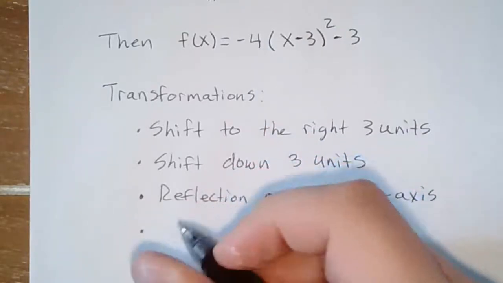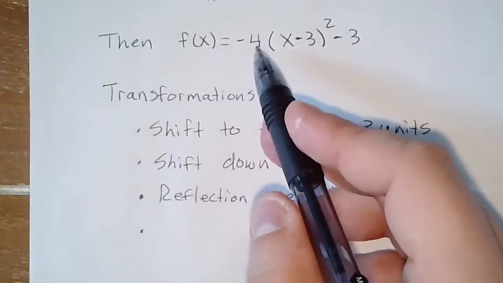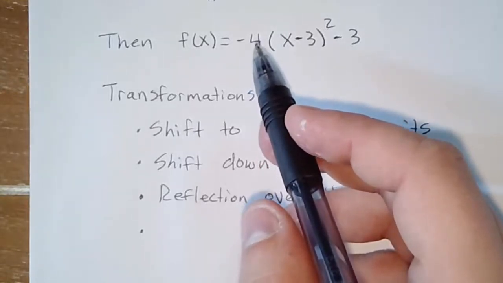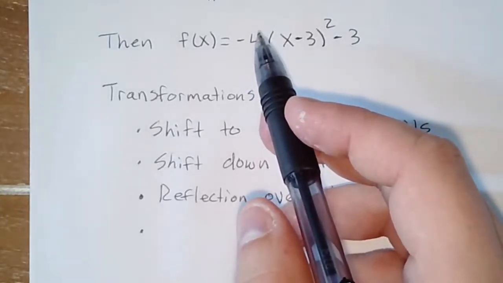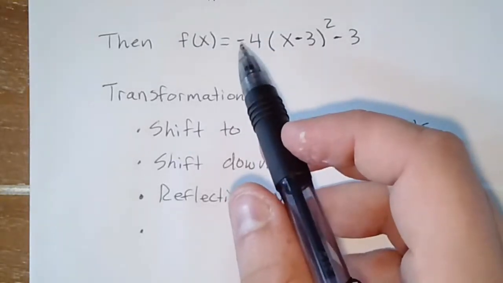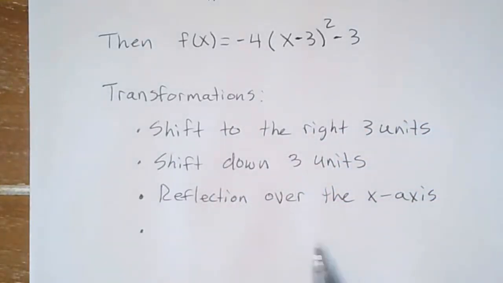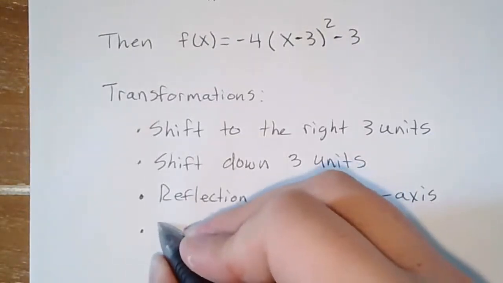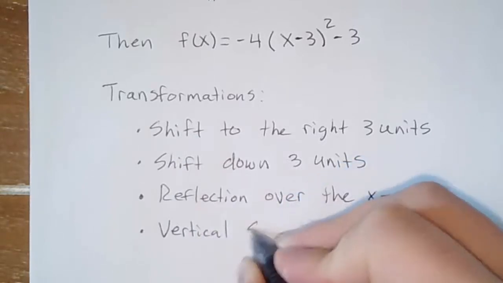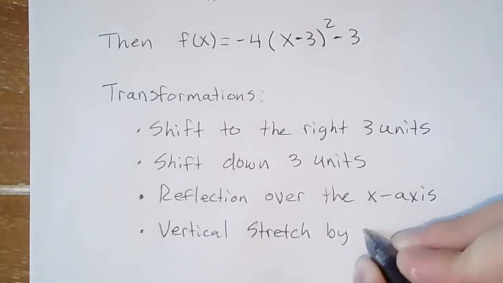I know some people are going to see that and maybe think, in the past I've seen people try and think that this is a compression because there's this negative sign here, but the negative really is its own transformation, and it's this reflection. So just keep that in mind. So last but not least, here we have a vertical stretch by a factor of 4.